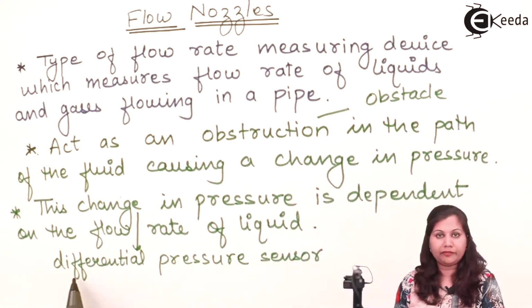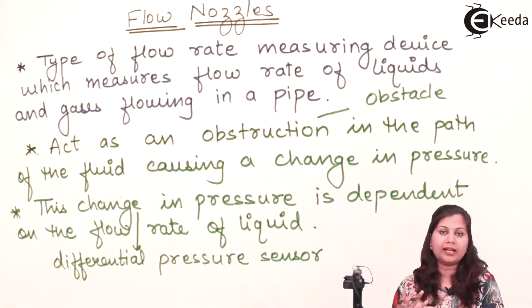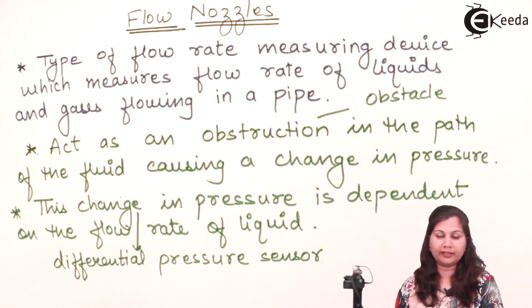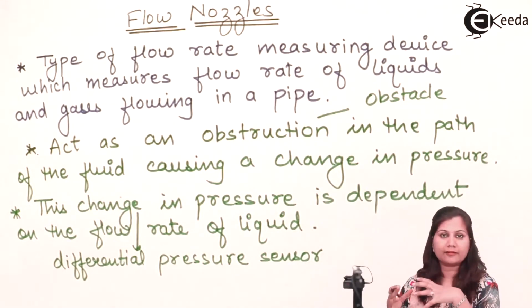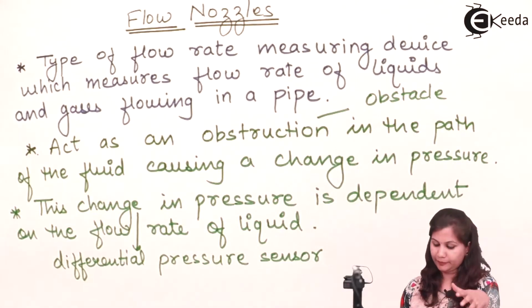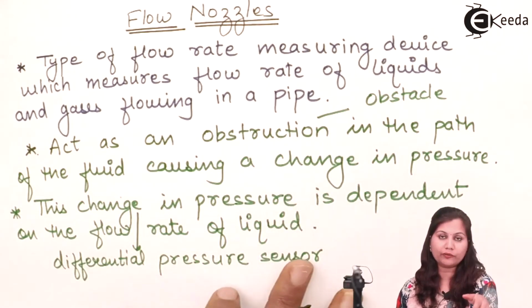And the difference in pressure measured by this will be proportional to the flow rate of the fluid. If the rate of flow is very high, then a very large pressure difference will be created, and if the flow rate is less, then less pressure difference will be created. So the change in pressure is proportional to the flow rate of the liquid.